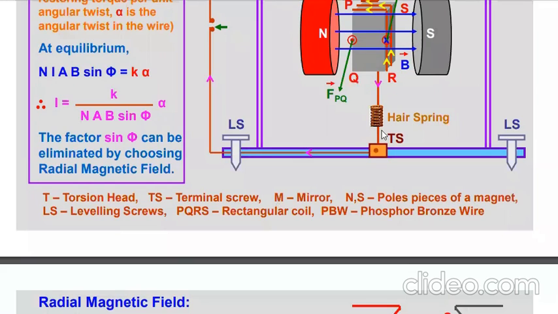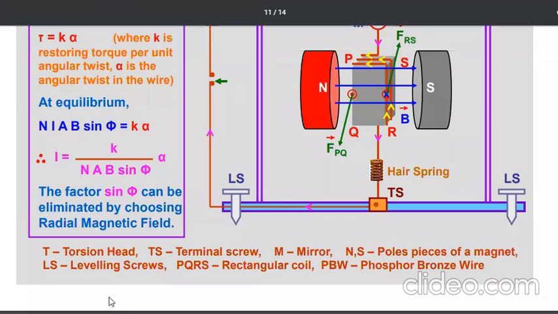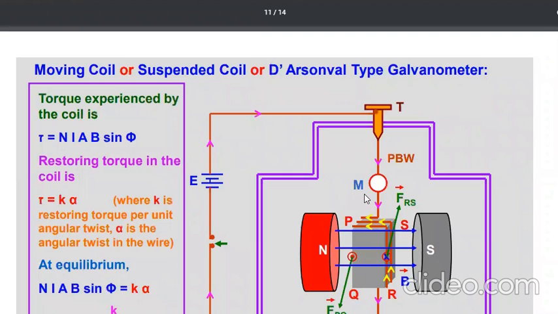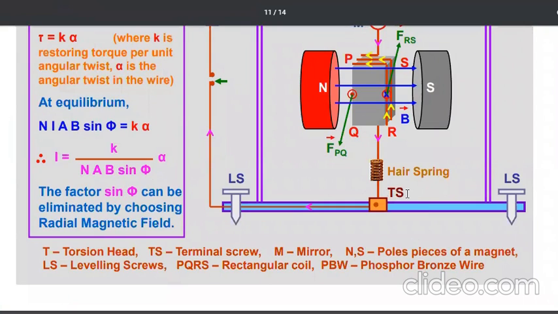Now LS is what? Leveling screw. Here the screw is for leveling, and TS is the terminal screw. Here you see the terminal screw. We can measure it, we can adjust it.